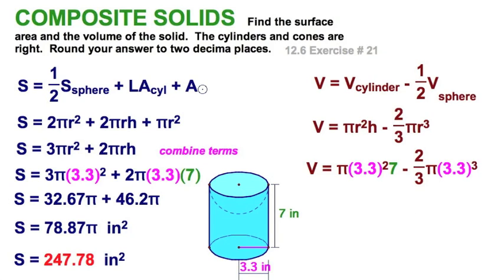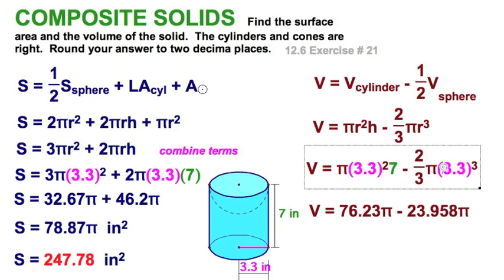I should have said earlier, you notice that, of course, it's important that the radius of the sphere is the same as the radius of the cylinder. When we do the arithmetic here, remember I'm squaring this 3.3, I'm cubing this one. So thinking about units, I know I'm going to get cubic units. So I've got square units here times linear units.